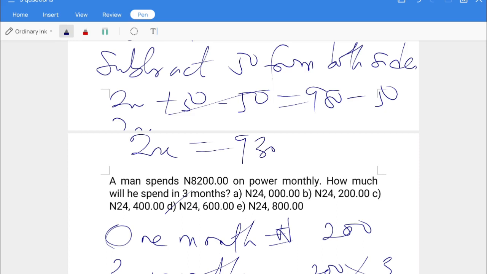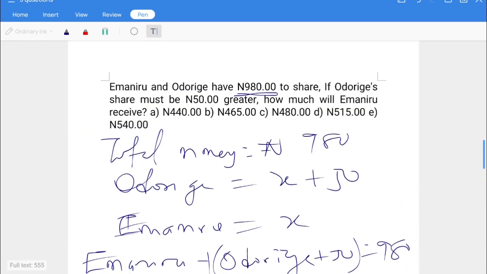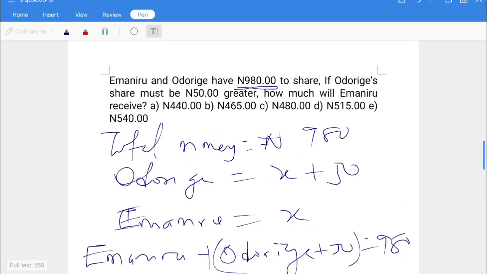So if I now say that x equals 930 divided by 2, x will give you: 2 into 9 is 4, remainder 1; in 13, that will be 6; that will be 465. So since you had 465 as your x, what you need to do now is what? The question says, how much would Emaniru receive? Emaniru has 465. That is Emaniru's share.